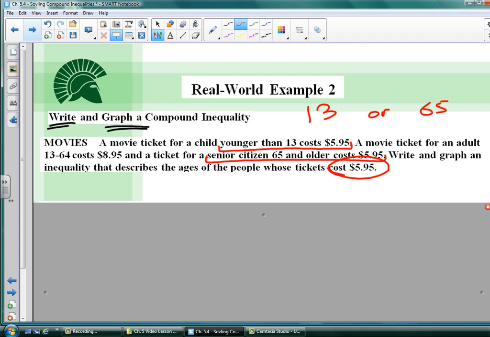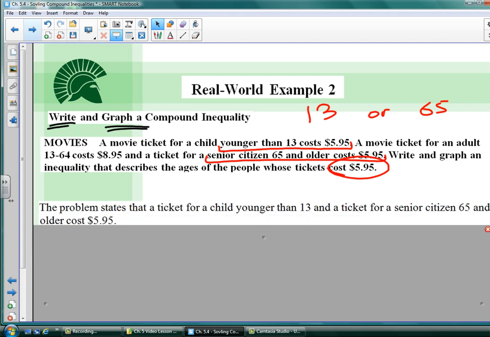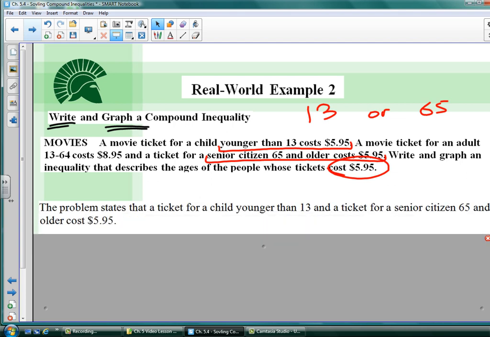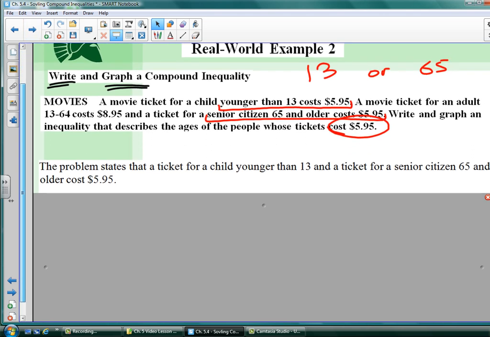We're related by ticket price. But what we're really looking at is two separate pieces that we're talking about together. So when we write that, this is really what we're saying, right? The problem states that a ticket for a child younger than 13, and a ticket for a senior citizen, 65 and older, costs $5.95. So those are the two groups that we just talked about.